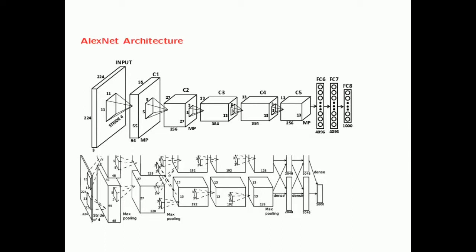So here, I have shown that in each layer, for example, in the first hidden layer, which is C1, there are 96 feature maps. But if you look at the bottom diagram, there are 48 feature maps. That's because the 96 feature maps are divided equally among the two GPUs.